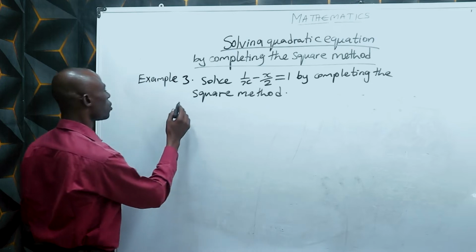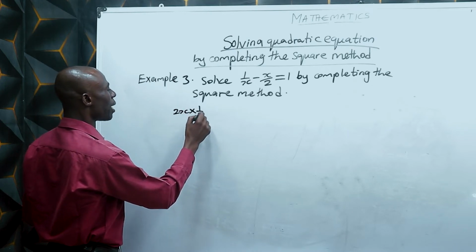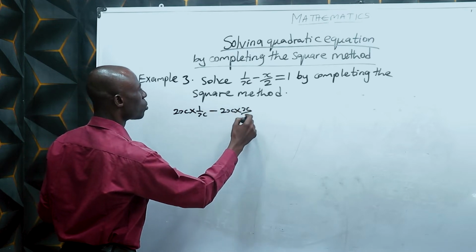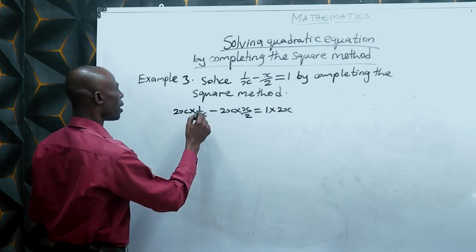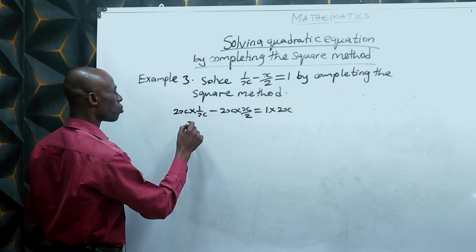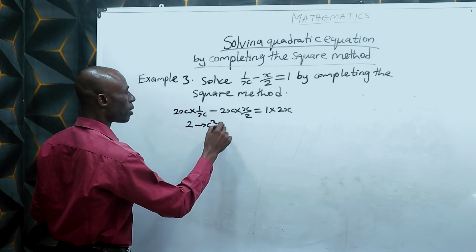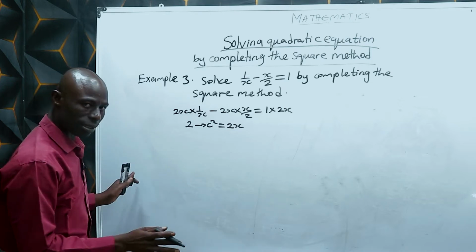So it's 2x. So you have 2x times 1 over x minus 2x times x over 2 equals 1 times 2x. x cancels x here, you have 2. 2 cancels 2 here, you have minus x squared equals 2x. You can see the fraction is cleared.